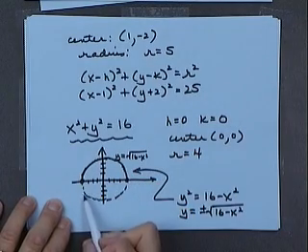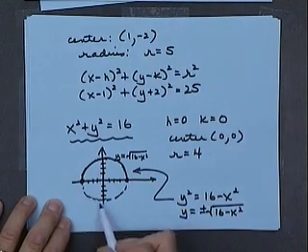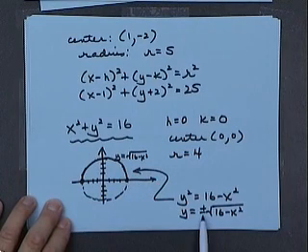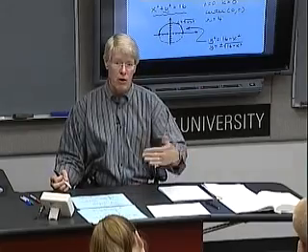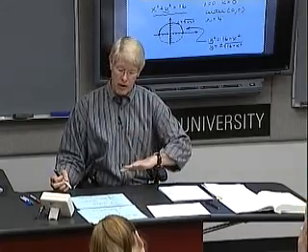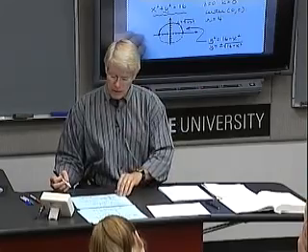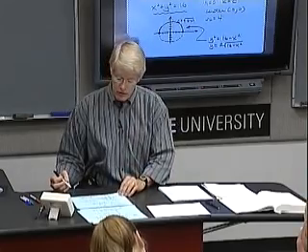And I'm not going to write this down because we're getting a little bit cluttered here, but the lower half circle is the negative of that square root. So both of them together, not a function. If you want to specify one, the upper half circle, the lower half circle, they are, in fact, functions, the semicircles.